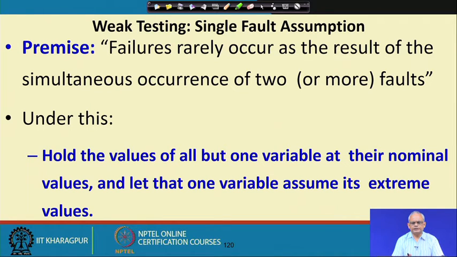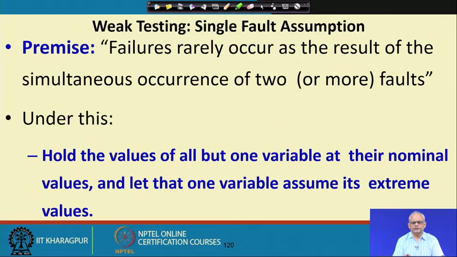All the weak testing that we have been discussing with respect to equivalence class, multiple parameter equivalence class and boundary value, the weak testing actually implicitly assumes a single fault, that is only one of the parameter can have a fault.